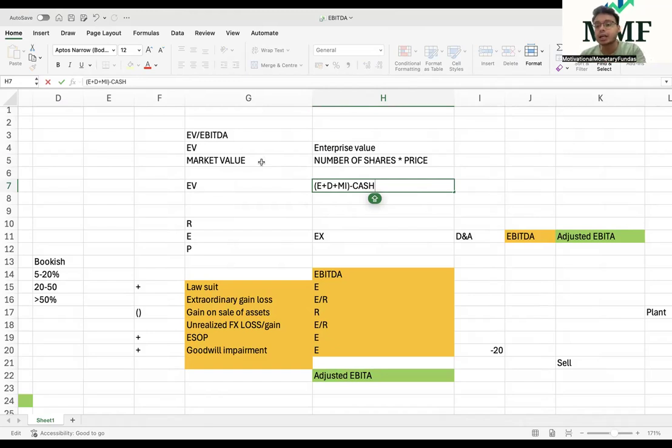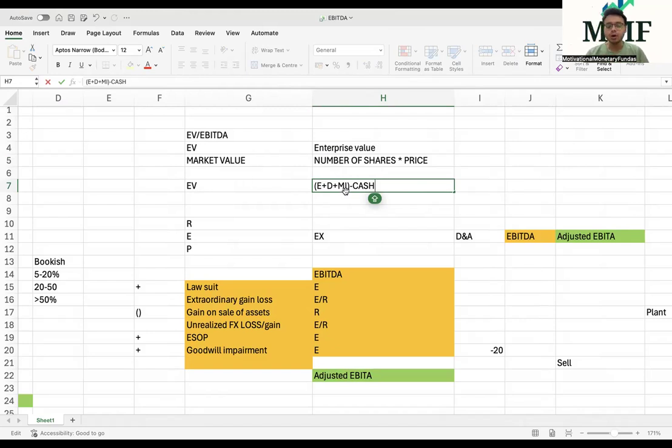But the enterprise value takes into account the equity component, the preference shares component, within this E parameter, the market value of the debt, that is the long-term borrowings, plus the MI. Here, MI stands for minority interest, those investors who are holding less than 20% stake in the company. You add that and you subtract cash and cash equivalents.